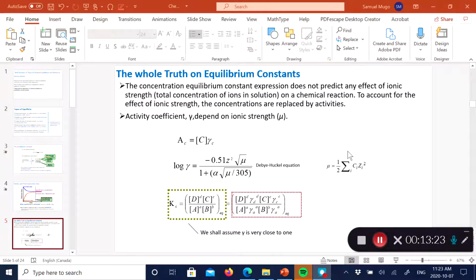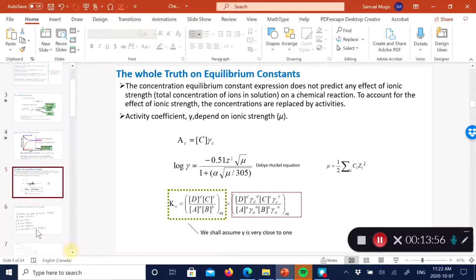The way we calculate the ionic strength is based on this simple formula: you take a half of the summation of the concentrations of the respective ions of a particular salt, multiplied by the charge of that ion squared, and after you do that summation and divide by 2, that's how you calculate the mu, or the ionic strength.